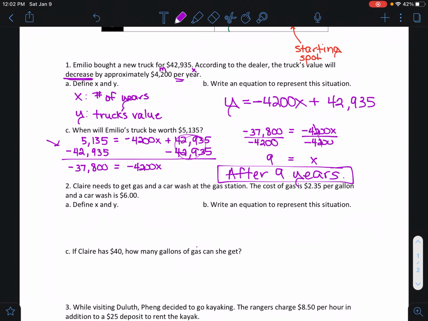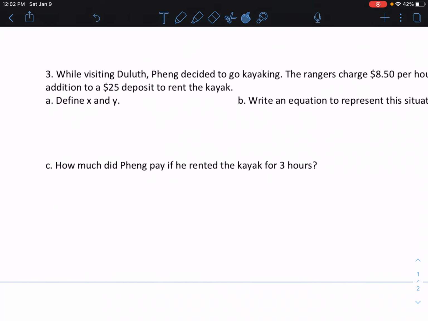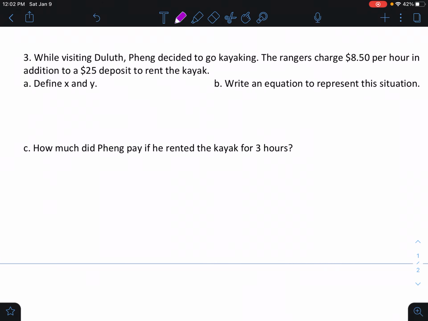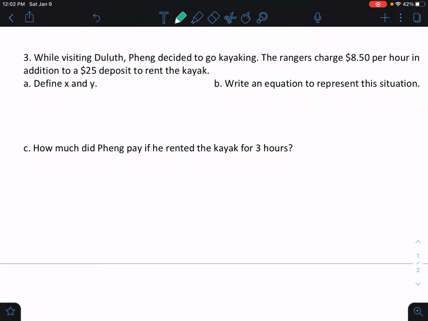There's another problem here on number 2. I'm going to skip that one and go down to number 3. While visiting Duluth, Peng decides to go kayaking. The rangers charge $8.50 per hour in addition to a $25 deposit to rent the kayak.